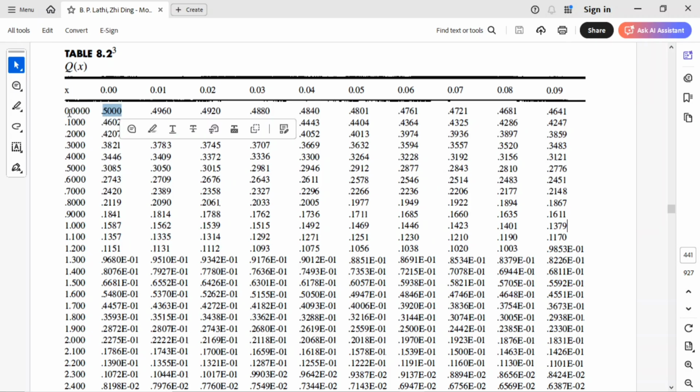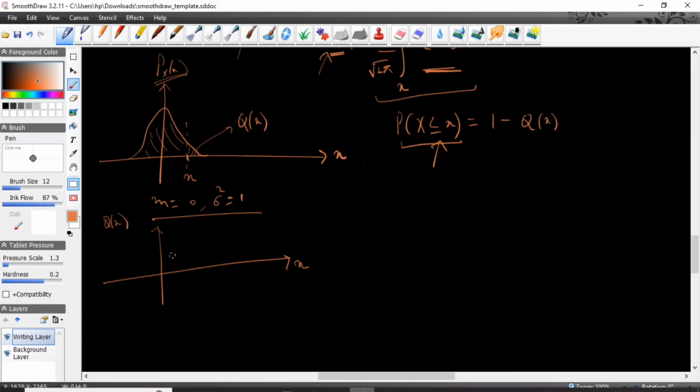Then at 0.01 it is 0.496, and at 0.02 it is 0.492, and so on. It means as you increase x, the value of this Q function slowly decreases. So at 0 it starts from 0.5, and then as you increase x it decreases, and as x goes to infinity, definitely it will go to 0, like this.